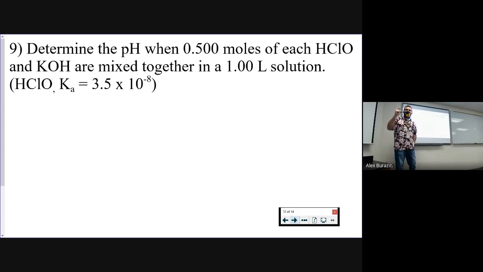The 6 are HCl, HBr, HI, HNO3, HClO4, which is perchloric, and H2SO4.